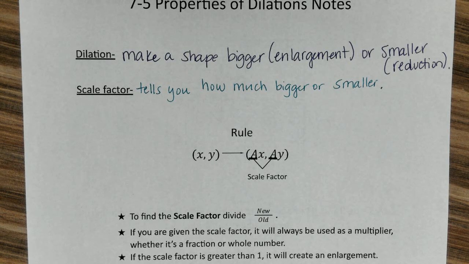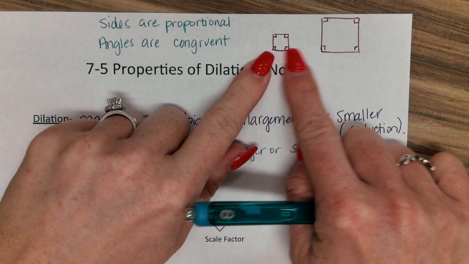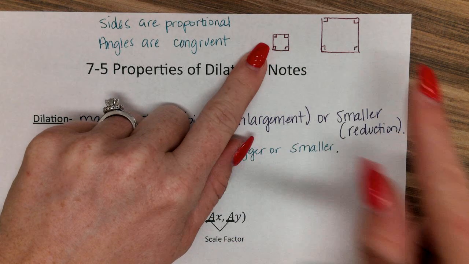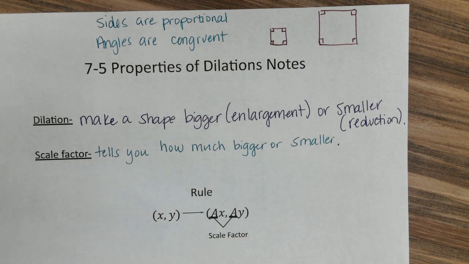Now this is important. A scale factor is always a multiplier. We don't use division for scale factors. We use division to find the scale factor, but once we know the scale factor, for example, how much bigger did I say we were going to make this? 2 times bigger. So you would take the 2 and multiply to get the new side lengths. Make sense? Everybody good?